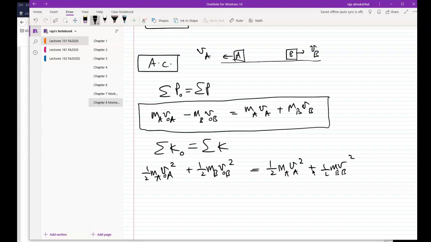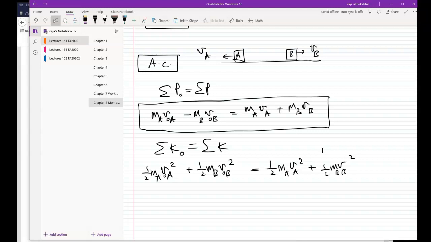There we go, right? Everything here is known. This one, 1/2 m A is known. So now I also have one equation with two unknowns, VA and VB. So now I can solve these simultaneously, correct?